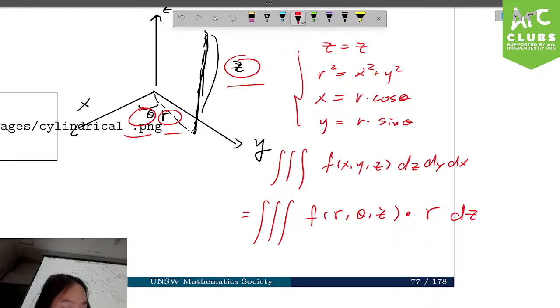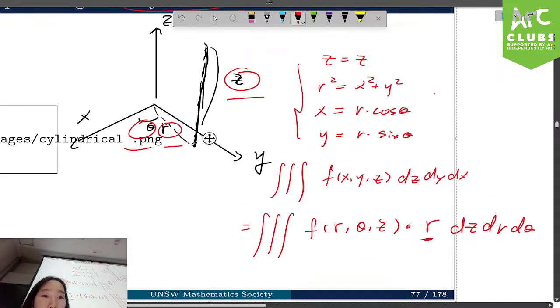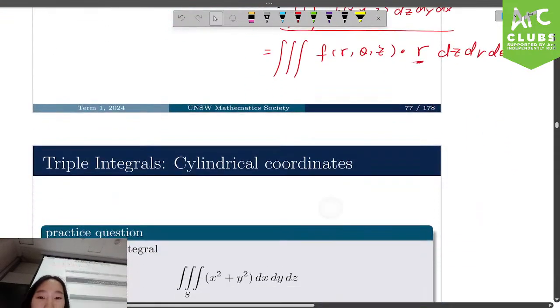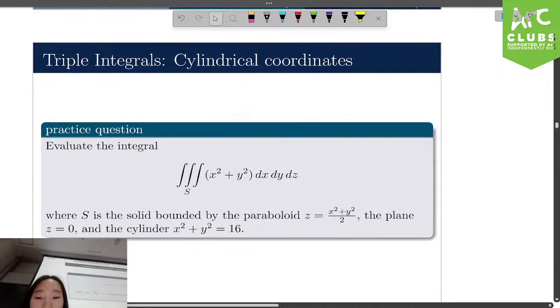Okay, it's very similar to polar coordinates. We need to multiply by r, and it's big. Why is that? That's the determinant of our Jacobian matrix, and that's for the change of variables part. We'll save it. Okay, d theta. Okay, cool. So 4 important formulas and 1 integral. Okay, 4 plus 1, 5 important concepts we need to know for cylindrical coordinates.